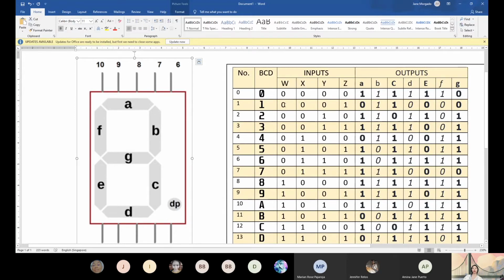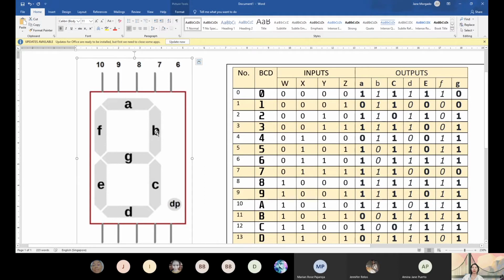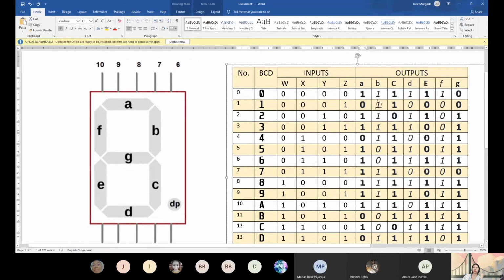Okay? So if the inputs, if the DIP switch combination is 0, 0, 0, 1, DIP switch yan. So ang iilaw dapat, to make it look like 1, you need to light up B and C. Okay, B and C. So that's why A should be 0, B is 1, C is 1, D, E, F, G, 0.